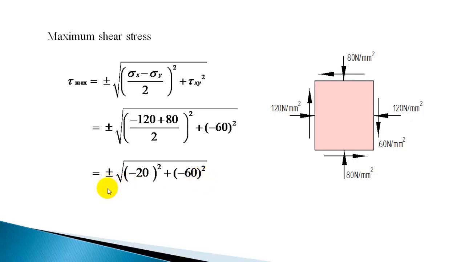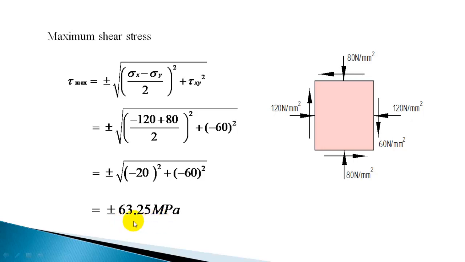That will give plus or minus 63.25 megapascal. So maximum shear stress is the same on both the planes, plus or minus, and the sign doesn't have much significance. Both the planes will have shear stress 63.25 megapascal. Any other plane you take, shear stress will be less than this.